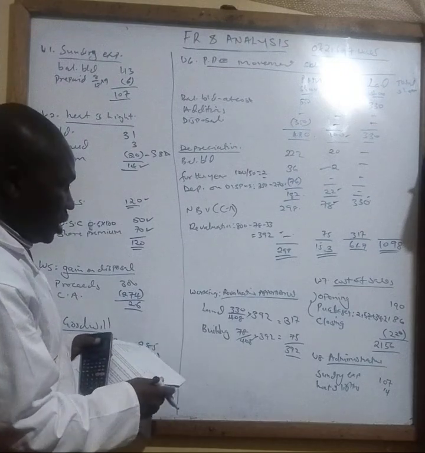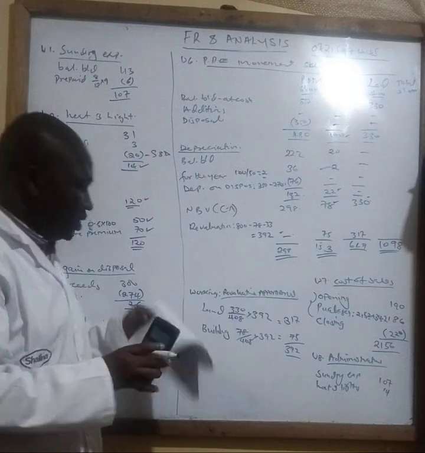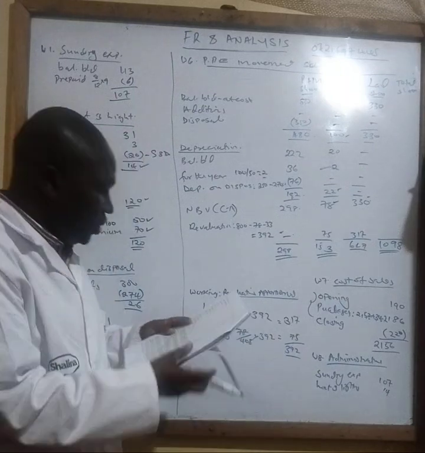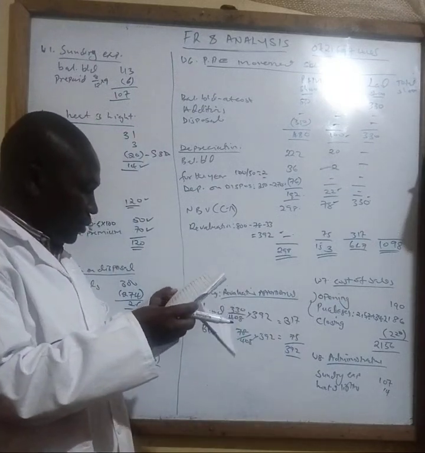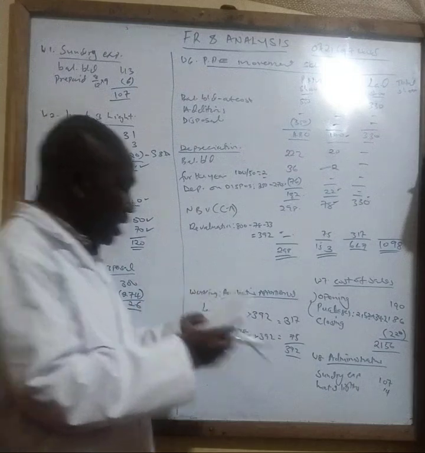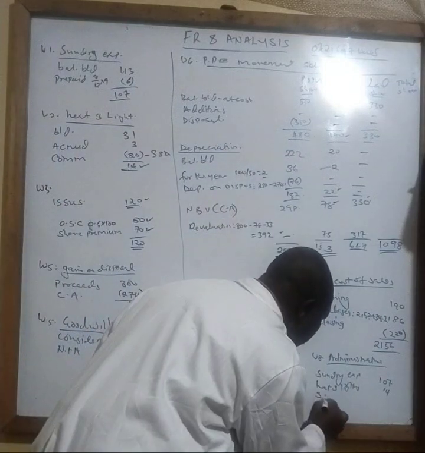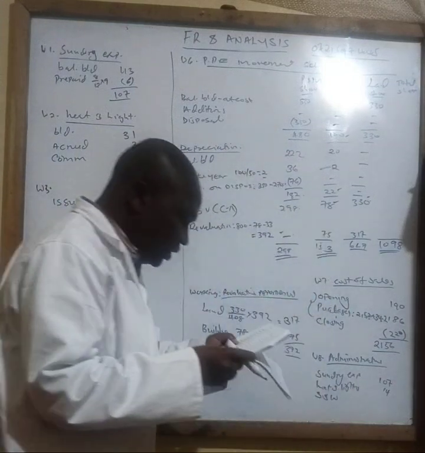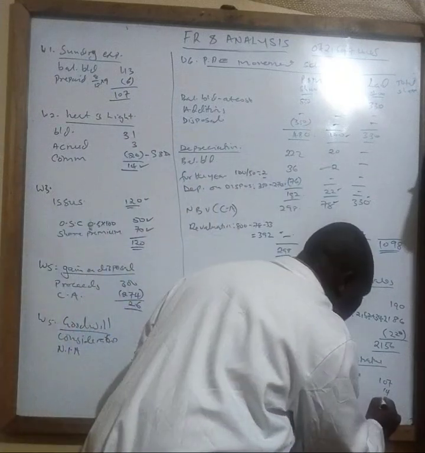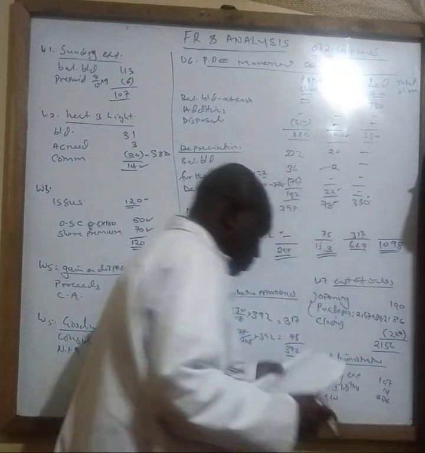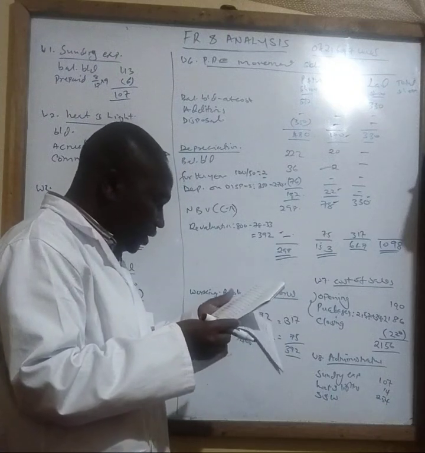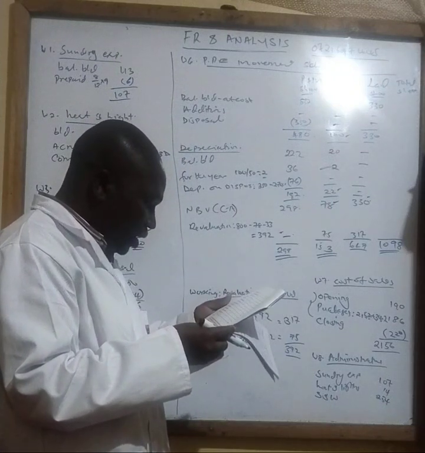Any other administrative expense? If there is none, I check now from the question if there is any that I've not used. We have salaries and wages. How much salaries and wages? 254. Any other?